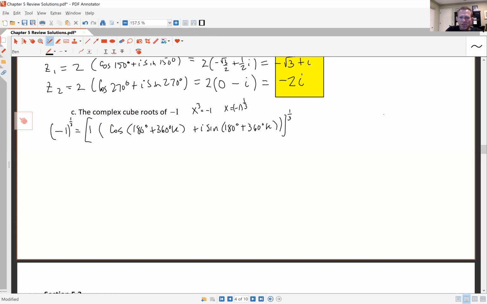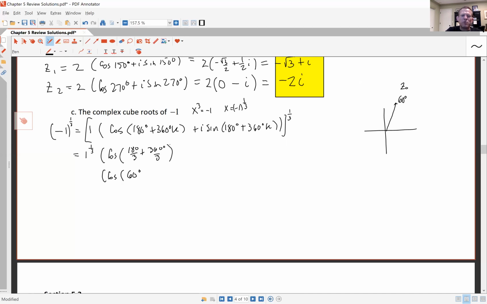So we have to take this whole thing to the 1/3 power. So let's start drawing our little picture here. So we had 180 degrees. We're going to come along and divide it by 3, which is 60. So there's the first one, z sub 0. But 360 divided by 3 is 120. So we've seen this before.